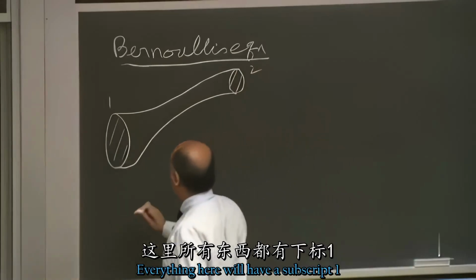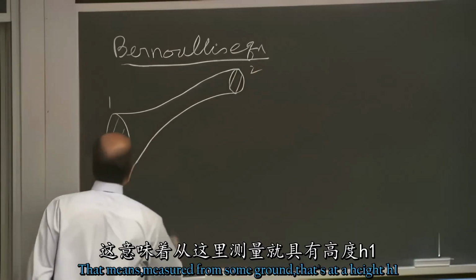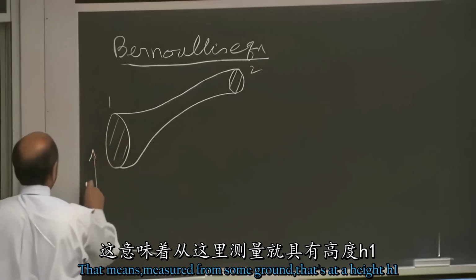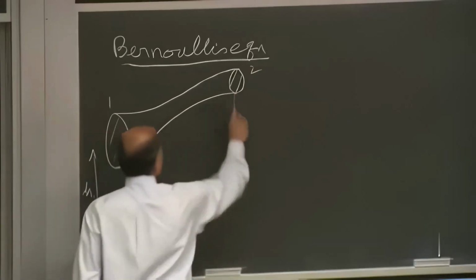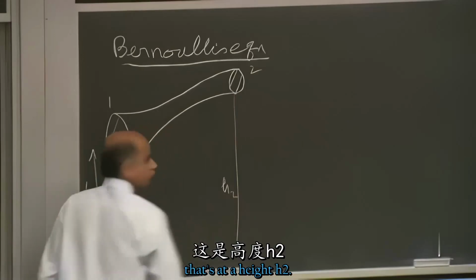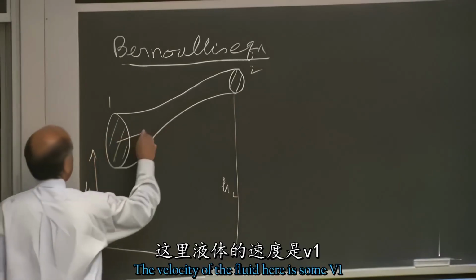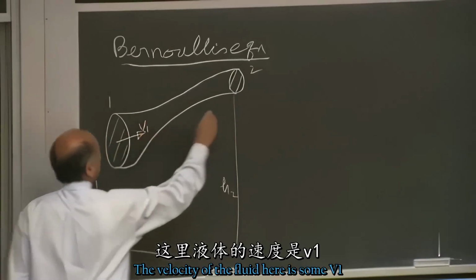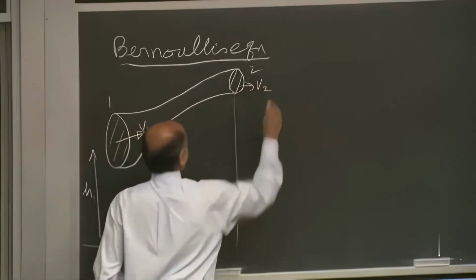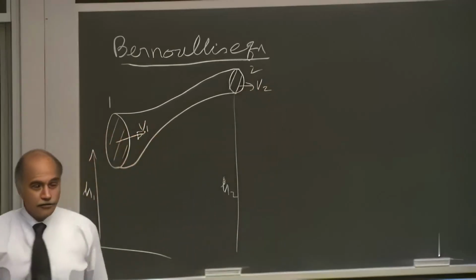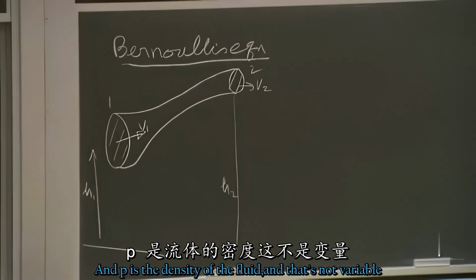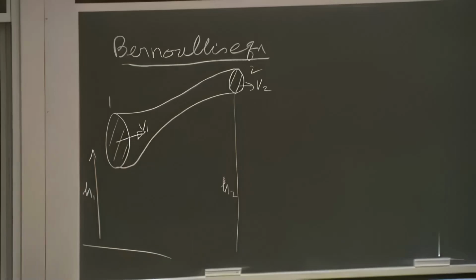Everything here will have a subscript 1. That means measured from some ground, this is at a height h1, that's at a height h2. The velocity of the fluid here is some v1. The velocity of the fluid there is v2. And rho is the density of the fluid, and that's not variable.